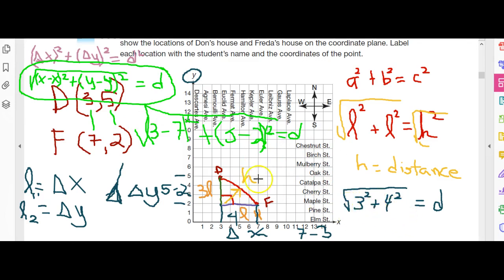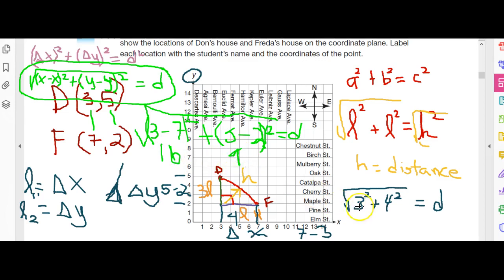Look, 3 minus 7 is negative 4, but when I square it, I get 16, because negative 4 times negative 4 becomes positive 16. And 5 minus 2 is 3, and when I square that, it becomes 9. Just like we had here, 16 and 9.